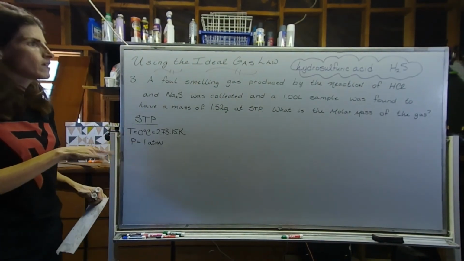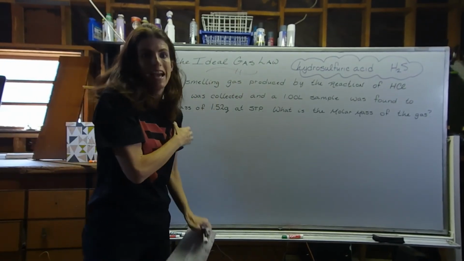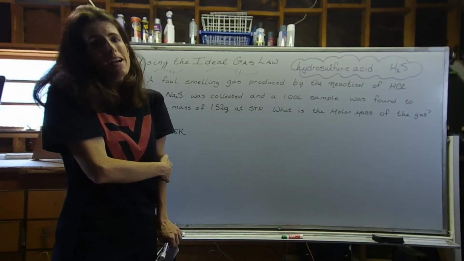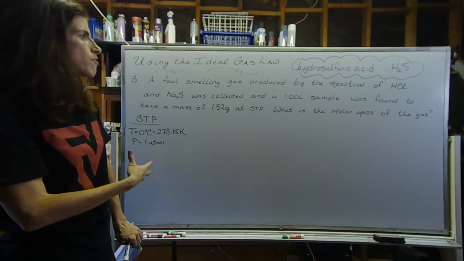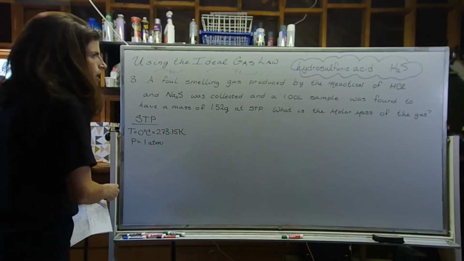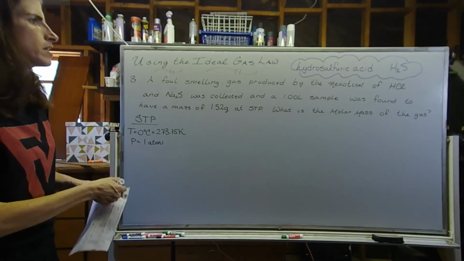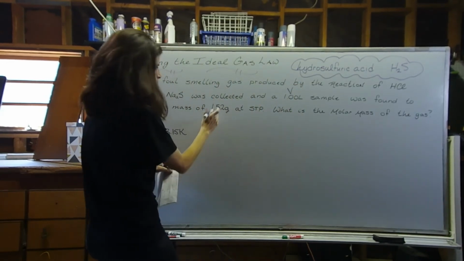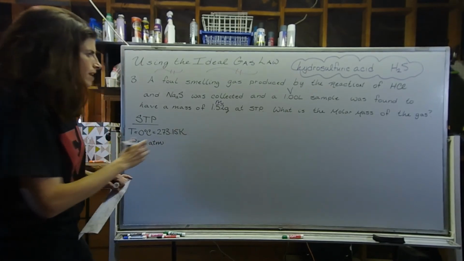Alright, so even though we found the formula and figured out the name of the gas that's produced, I still want to verify the molar mass. I mean, obviously we could figure out the molar mass off of the formula, but let's verify it using the given information. So just like on the other problems, I'm going to read and figure out what they gave me. So we have a volume and we have a mass, and we're asked to calculate the molar mass.